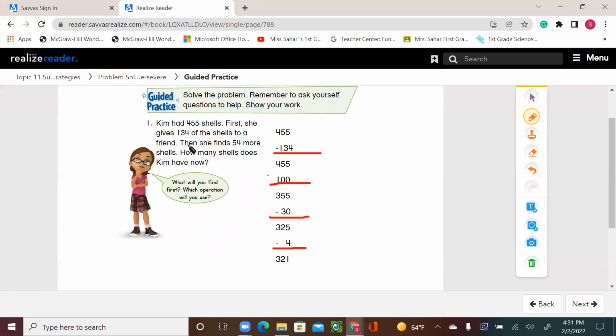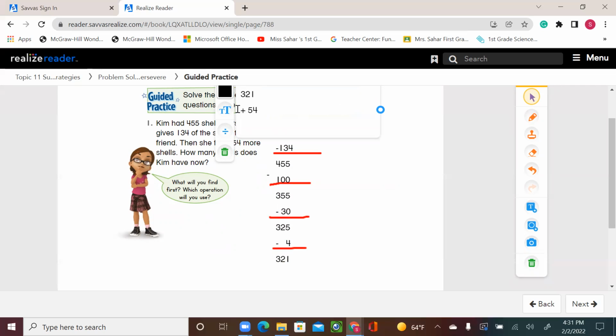Okay. All right. Then she finds 54 more. And that's what I'm going to add, 54 to 321. So that's the second part of my equation. So 321, that's the total of what she has now, plus 54, because she found 54 more, right? So I'm going to have 3, 7, and 5. That's the total.